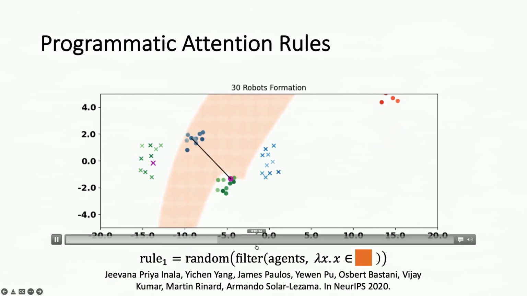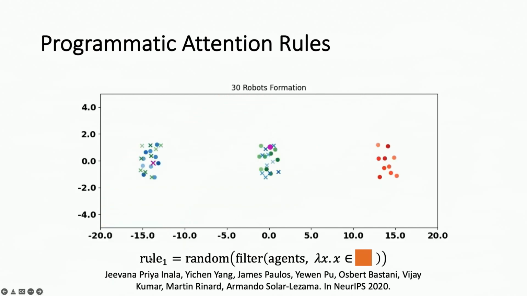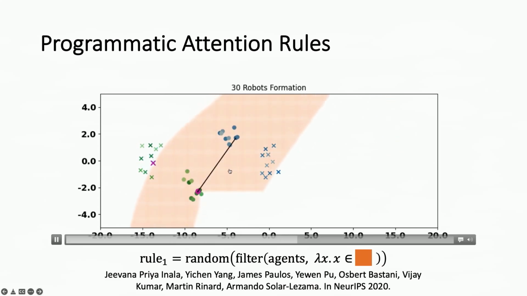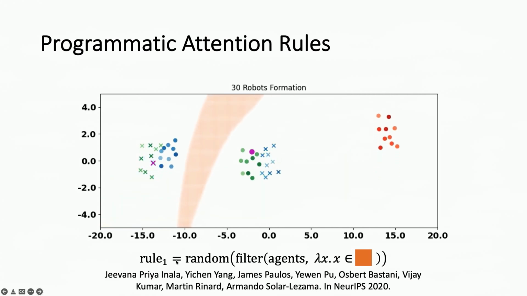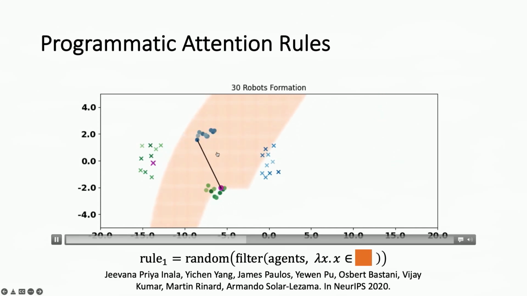Here, this is the same task I showed earlier, and this pink agent is now only talking to 2 other agents. There's one rule for choosing each other agent to talk to. The first rule starts with the list of all of the other agents, and then we have a filter operator in our domain-specific language that randomly chooses one of the agents in this orange region.